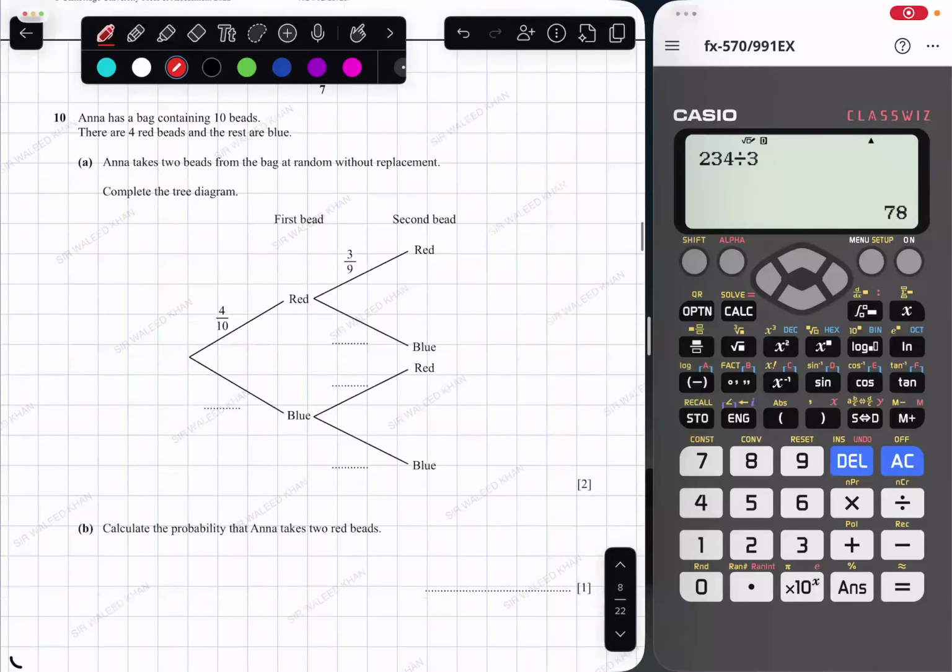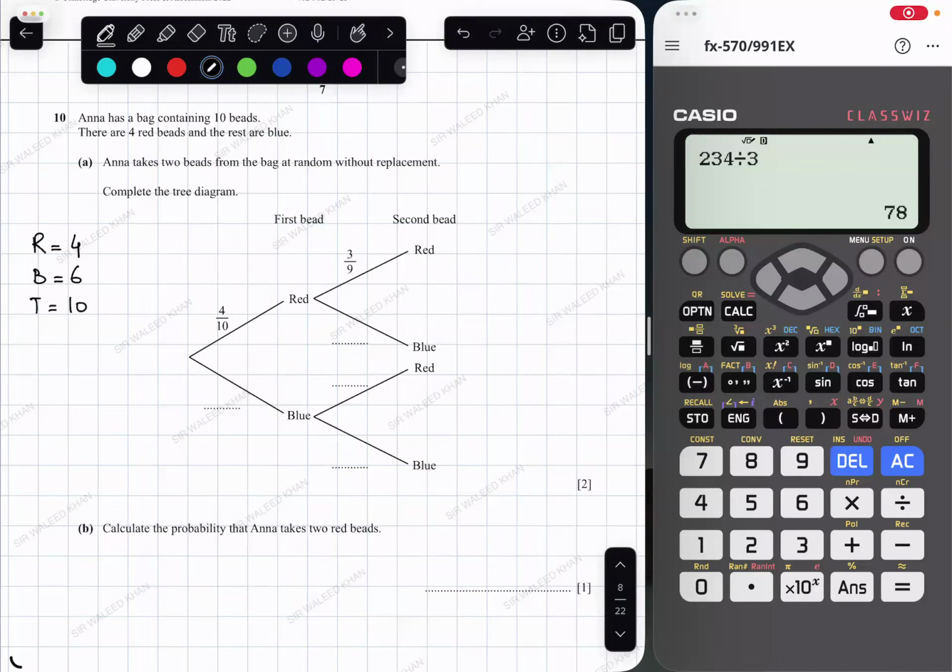Next, question number 10. Anna has a bag containing 10 beads. There are 4 red beads and the rest are blue. Red are 4 and there are a total of 10, so blue must be 6 then.